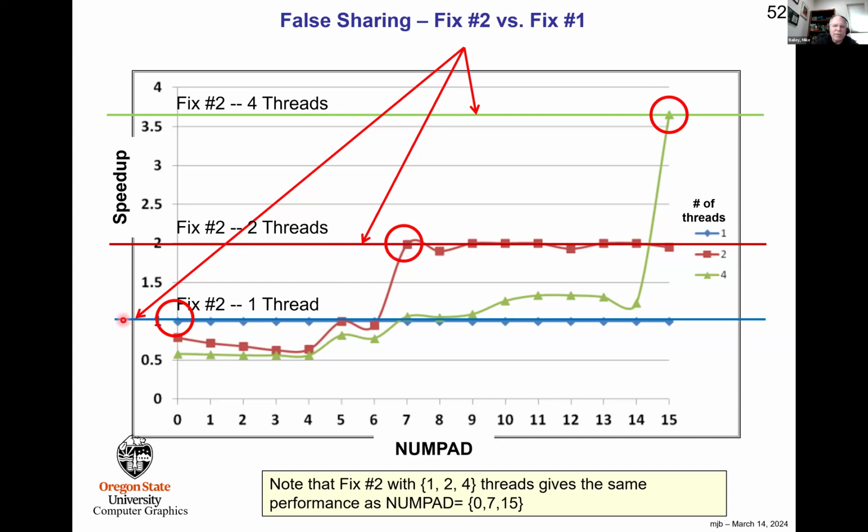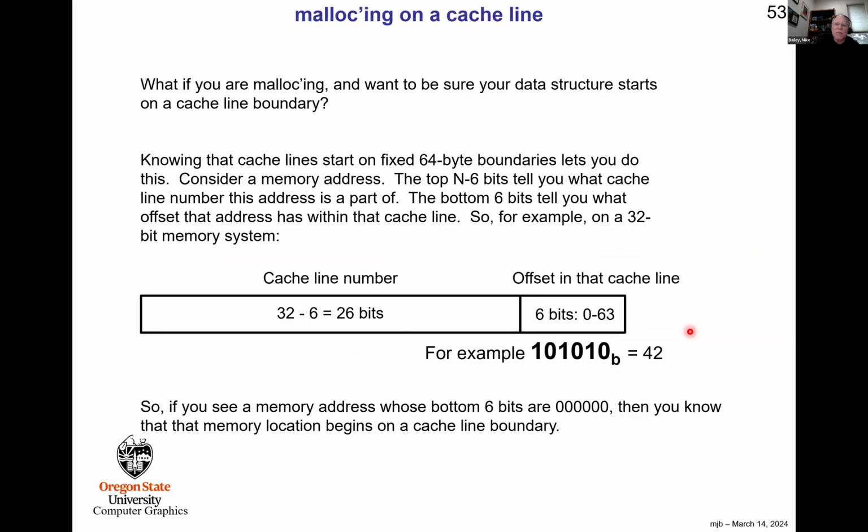And then fix number two's 1-thread performance, well, that's the same as what it was before. Okay, so yeah, there's typically 2 fixes for doing this. One involves padding out to be an even cache line, and the other involves trying not to write out to global memory, at least not so often.